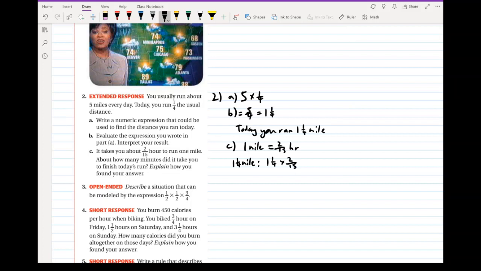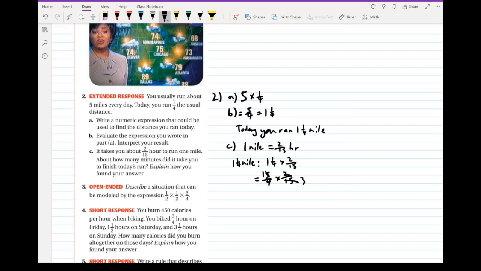So for this one, we have to change 1 1/4 back into an improper fraction. So that's equal to 5/4 multiplied by 2/15. 15 and 5 both have common factors, so I can divide top and bottom by 5. This becomes 1. This becomes 3.